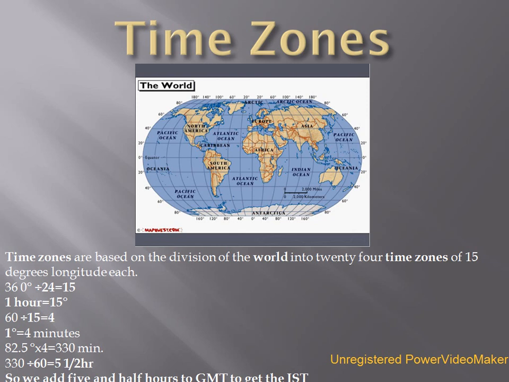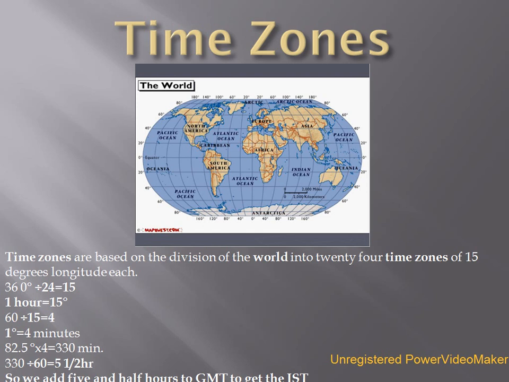In the previous slide, I told you about Indian Standard Time, that is 82.5 degrees. India has adopted the 82.5-degree meridian time as its standard time. How to calculate it? We know that 1 degree takes 4 minutes. So if we multiply 82.5 by 4, we get 330 minutes.